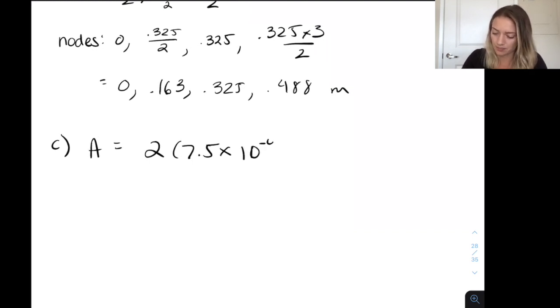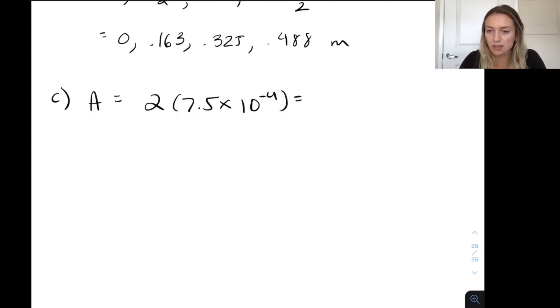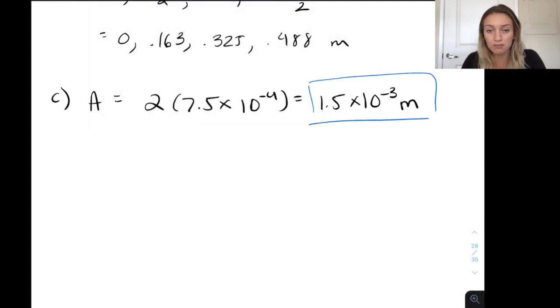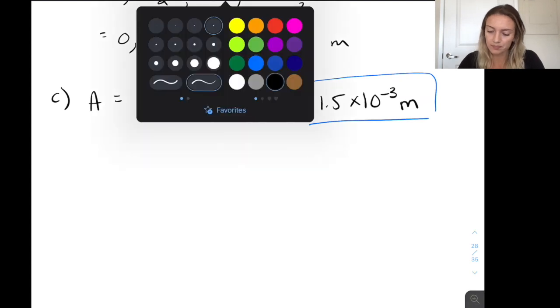That gives us 1.5 times 10 to the negative 3 meters, so that is 1.5 millimeters. This is the amplitude of the standing wave. It's twice as big as the amplitude of each individual wave that makes it up.